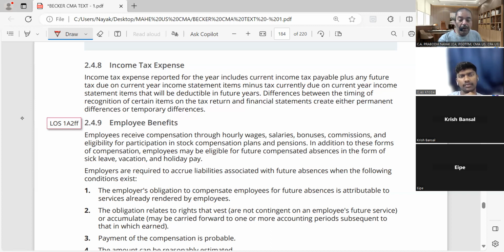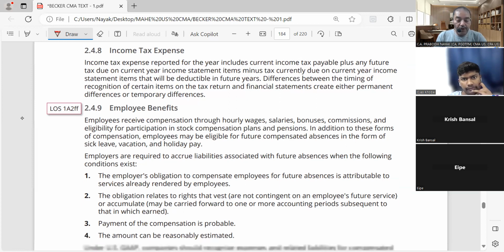The employer's obligation to compensate employees for future absences is attributable to services already rendered. That means if you are absent in the future, it is in lieu of whatever services you have given now without being absent. The obligation relates to rights that vest and accumulate, but may be carried forward to one or more accounting periods.